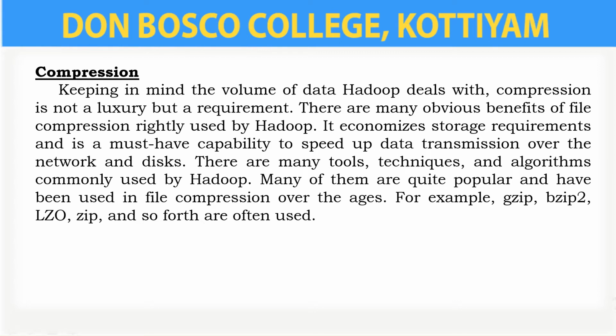There are many tools, techniques, and algorithms commonly used by Hadoop to support compression. Popular compression tools are gzip, bzip2, LZO, Snappy, and zip. These are the commonly used compression tools in Hadoop.